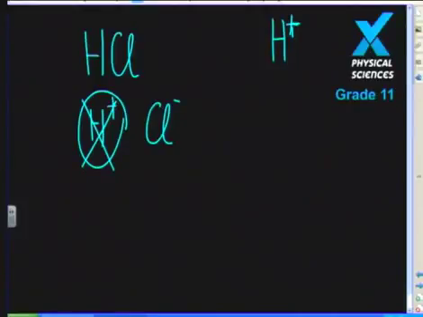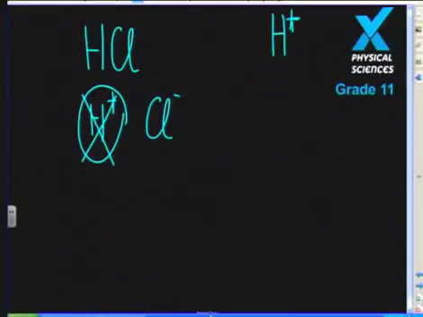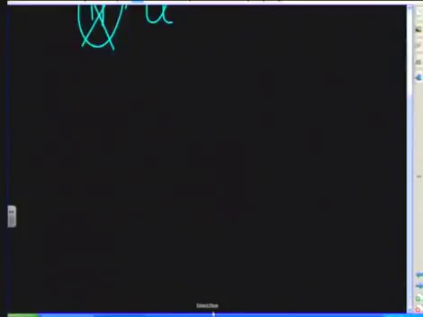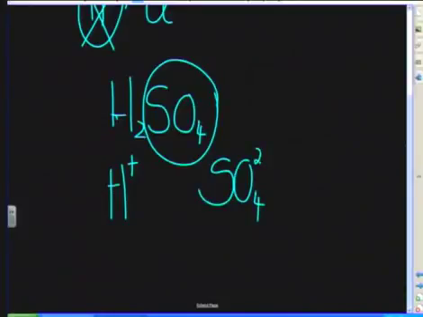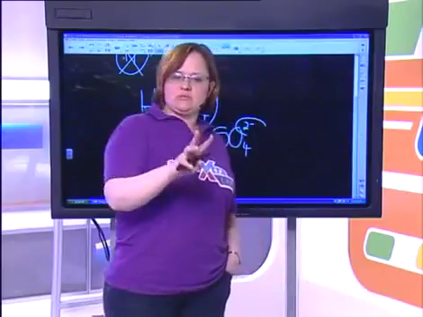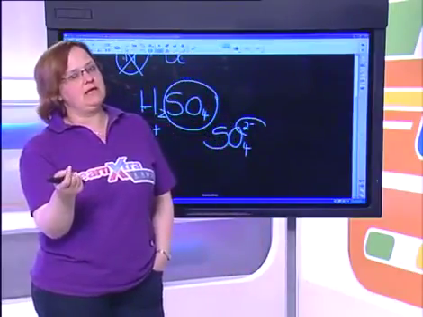Even if I look at something like sulfuric acid, H2SO4, the H is positive, even though there's two of them, so it's H plus, but the sulfate is one of those ions you have to remember. So it's SO4 2 minus. So if I'm taking the H pluses away, all that's left are the minuses. Which is why when an acid reacts with a base, the acid will become negative.